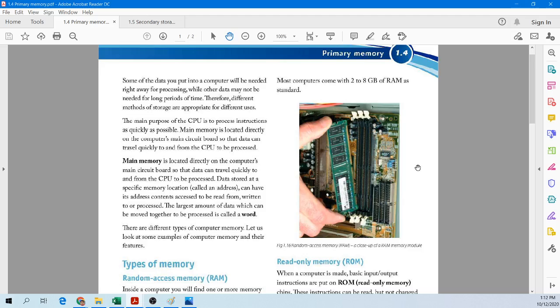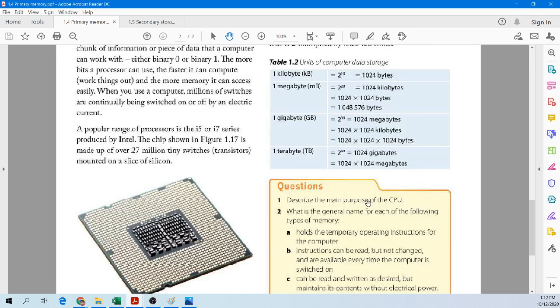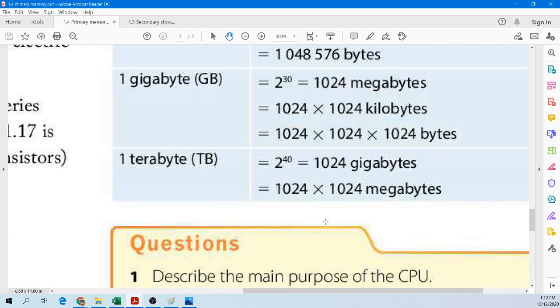We were supposed to continue this table for homework. Can anyone tell me what comes after 1 terabyte? Petabyte. A petabyte. So how many terabytes is a petabyte? 1024 terabytes. Good. So 1024 terabytes is 1 petabyte. And 1024 petabytes is what? Exabyte. 1 exabyte. And 1024 exabytes is what?